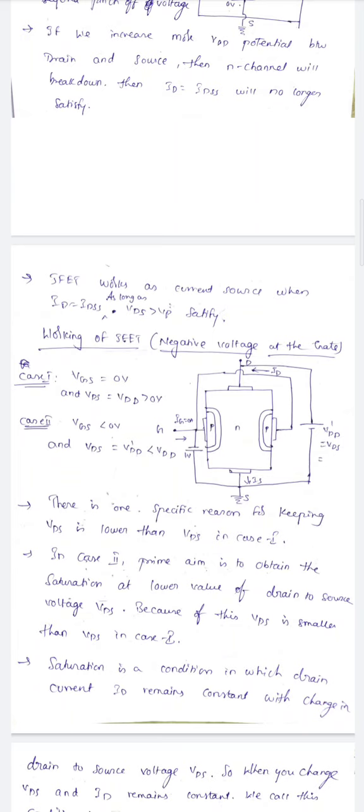We are planning to get the saturation current much earlier than case 1. That means when we apply VDS equal to 2 volts, we should get the output current ID much earlier than in case 1.